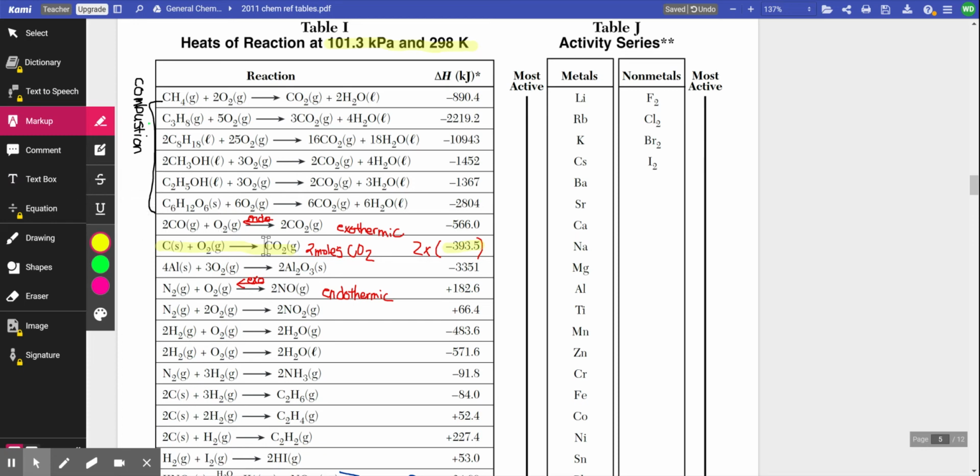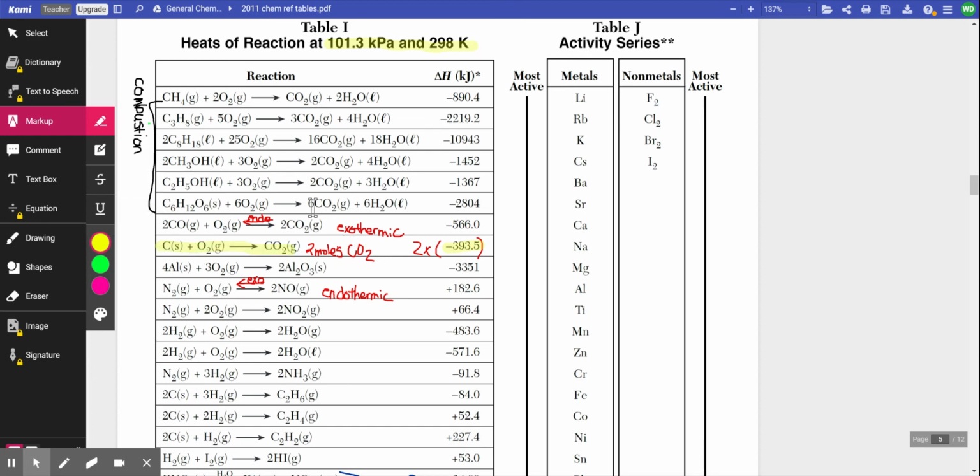If I have 2 moles of carbon dioxide produced, that means I have to double the amount of heat, so 2 times 393.5. If I only produce a half, I would divide that by 2. Does that make sense? It's like you double the recipe, you double the amount of product.